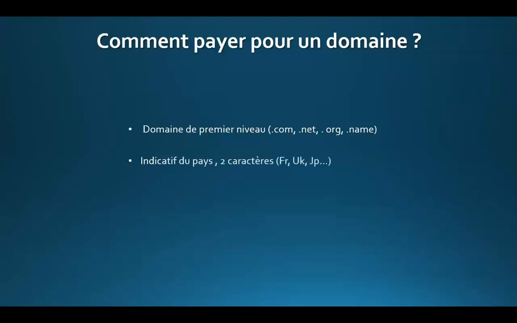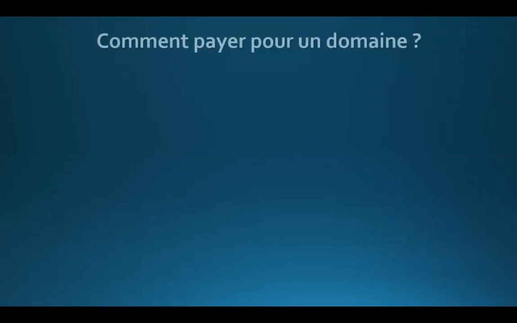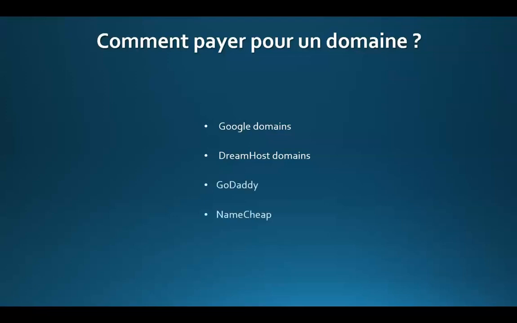Also the choice of a country with the .fr, UK or for example Japan, the .jp. You can also choose to have a generic domain with .something. For example, you have the Google domains, DreamHost domains, GoDaddy, and Namecheap. With that, you can choose a domain name.